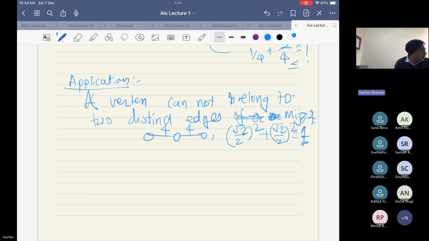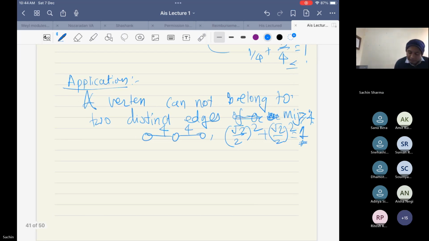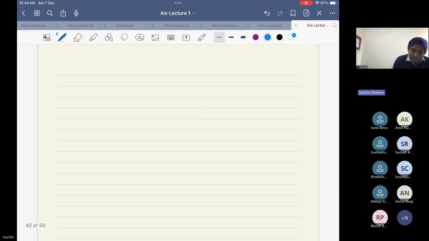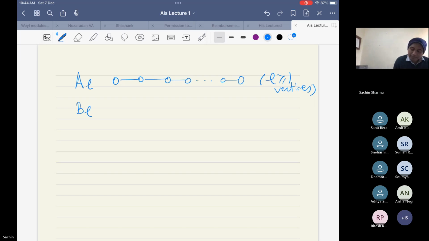So here is what we have, I just need a new page here. This is the first graph, if you do it systematically. These are L vertices. This is known as AL. Here the last one is this thing.